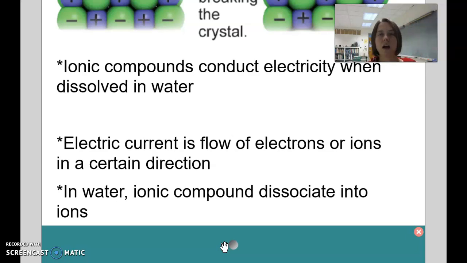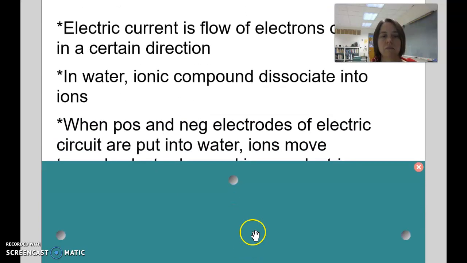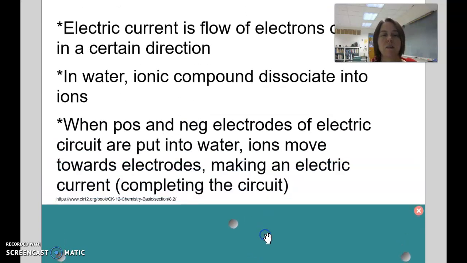Sodium chloride breaks apart in water, and you have positive sodium ions and negative chloride ions just floating around. When positive and negative electrodes of an electric circuit are put into water, the ions move towards the electrodes and they make a circuit. They make an electric current.